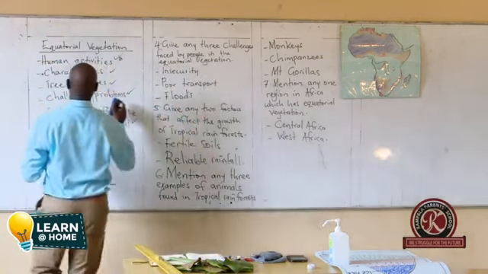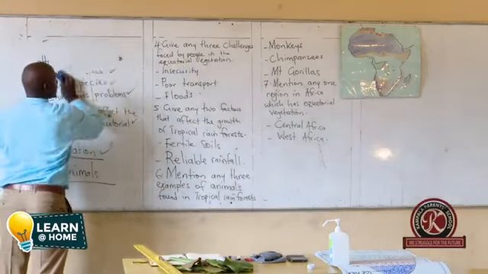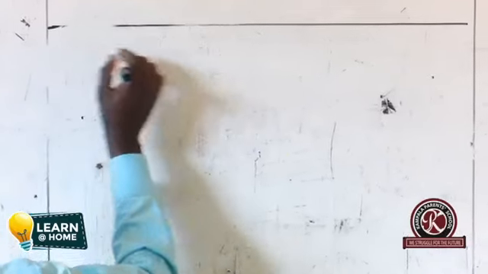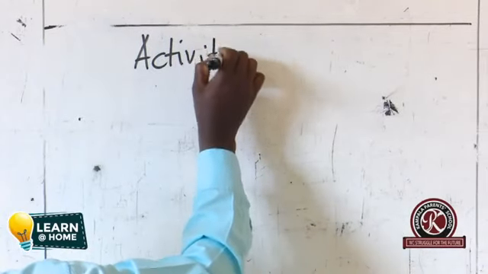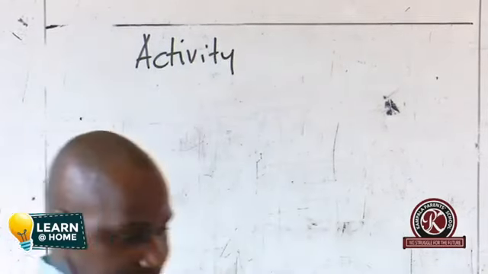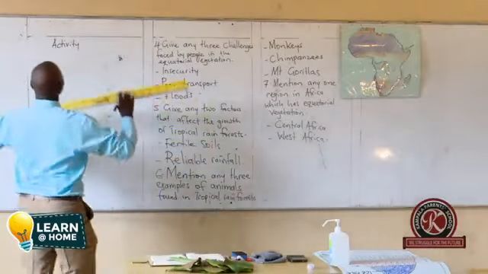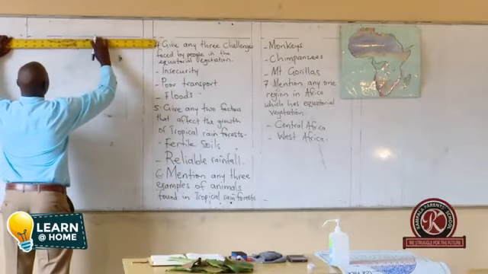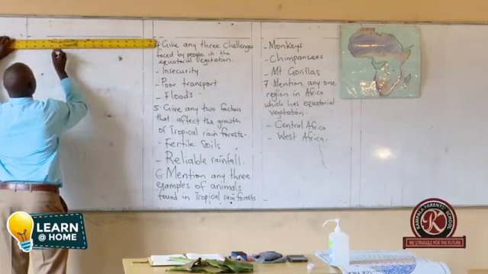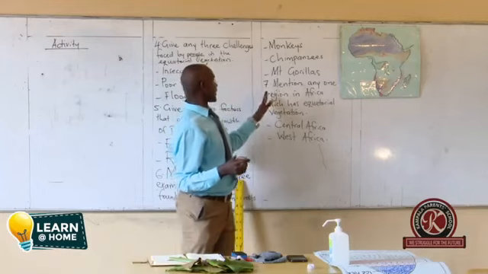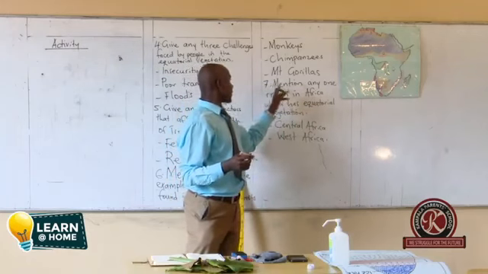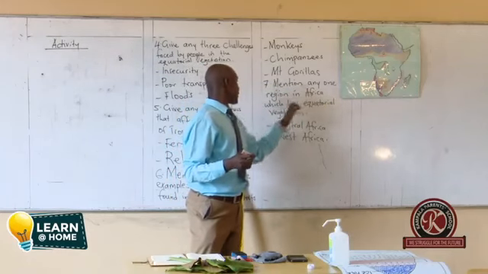I'm rubbing this part. Number 1, we have the word activity. Since we are looking at regions in Africa, we said mention any one region in Africa which has equatorial vegetation.